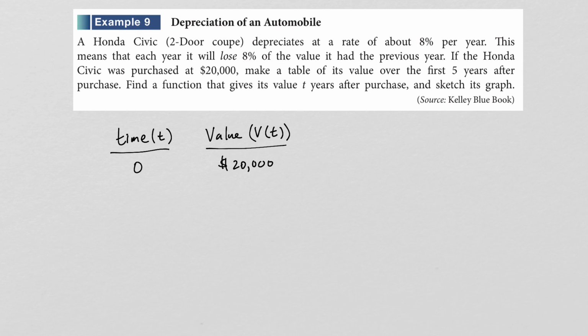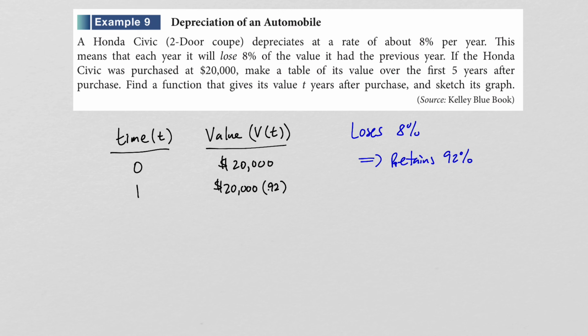Now the key is that if it loses 8%, this means that it retains 92% of its value, right? Because 100 minus 8 is 92. So after 1 year, the value is going to be $20,000 multiplied by 0.92. And this will give us a quantity that we'll fill in just a minute.